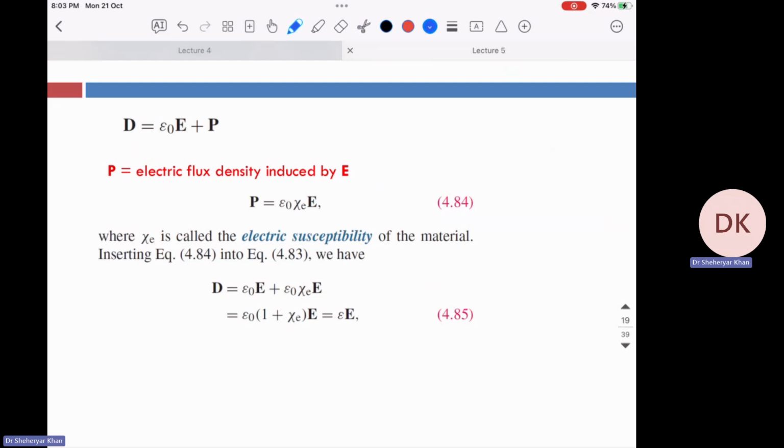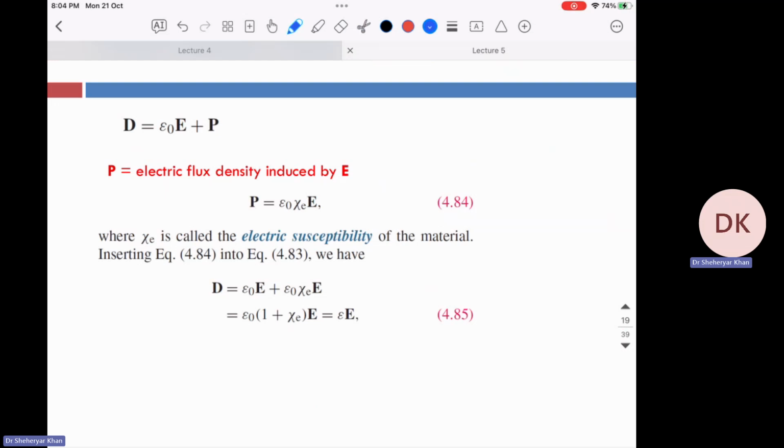Is it clear? Now, this P is what we sometimes call the electrostatic induced field. This is caused by E. So this P is equal to epsilon naught chi_e times E.